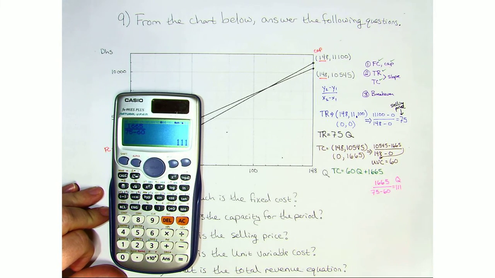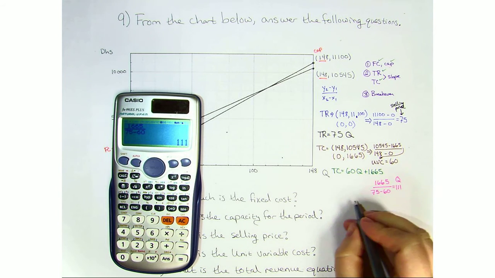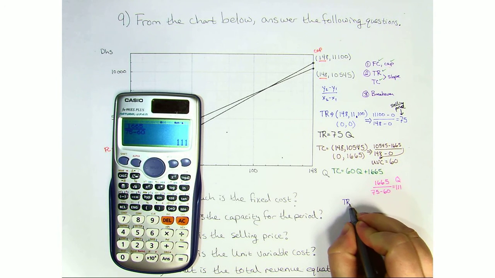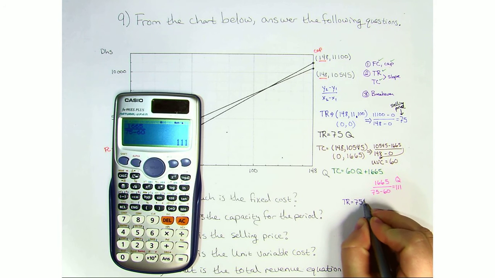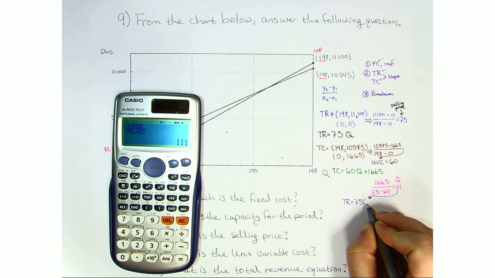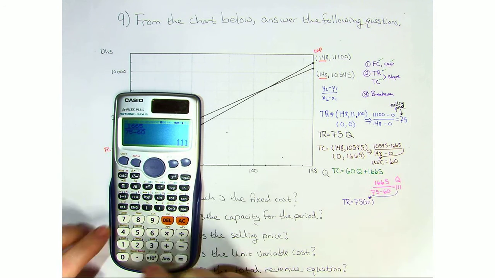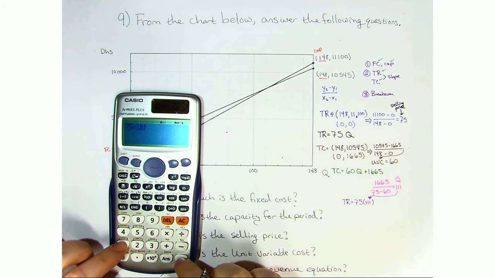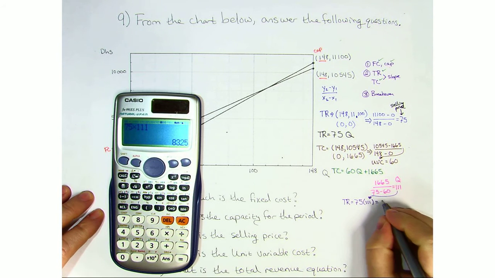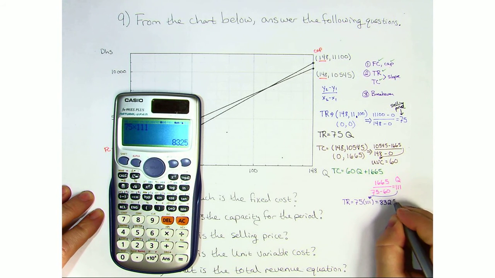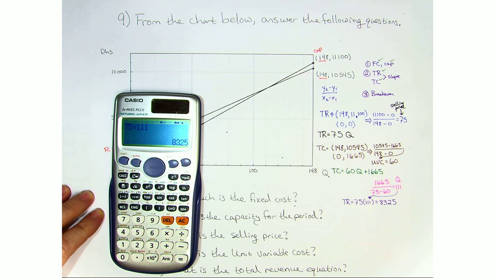Now, once we get the quantity, we still have to plug it back into our total revenue equation to get the dirhams. So total revenue is 75, and we're going to plug in what we just found, 111. So 75 times 111 is 8325.